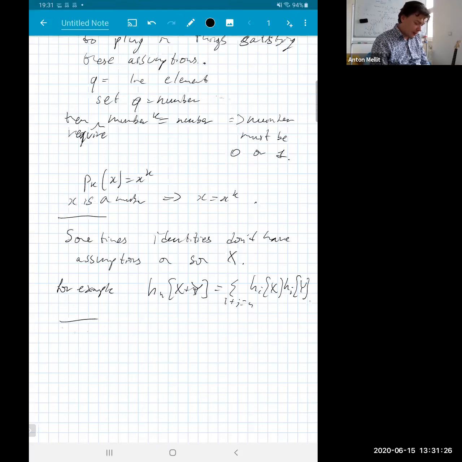Okay, so there is this useful thing called the statistic exponential. And this is just, by definition, the sum of all Hn of x.